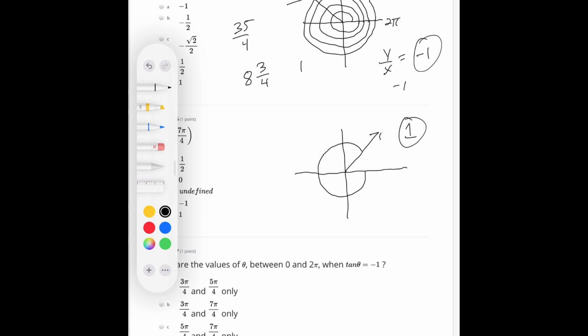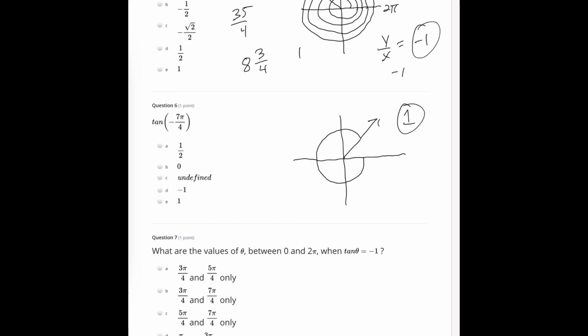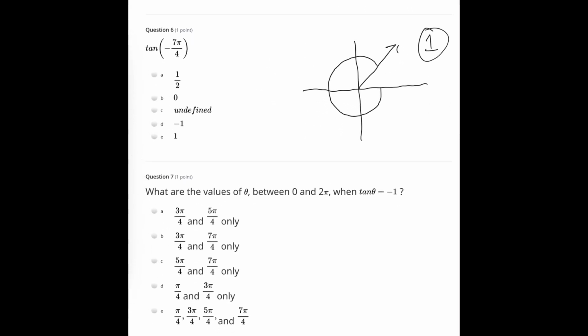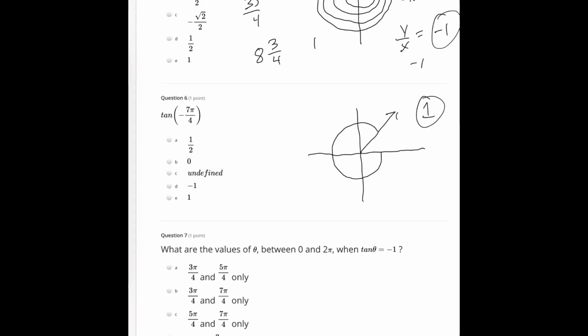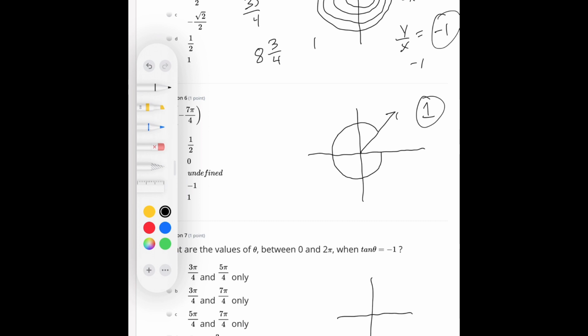Next, what could the radian values be if tangent is -1? Tangent is -1 in the second or fourth quadrant, so the values are 3 pi/4 and 7 pi/4 only.